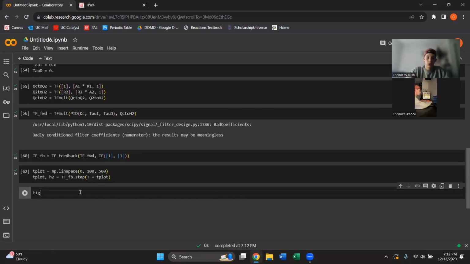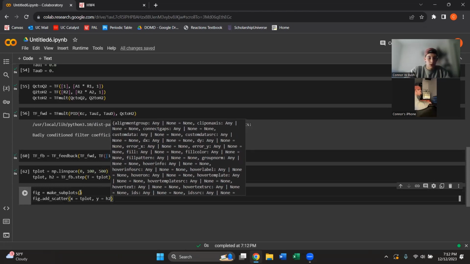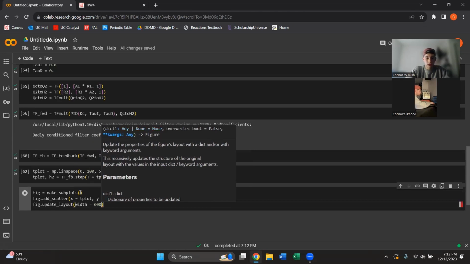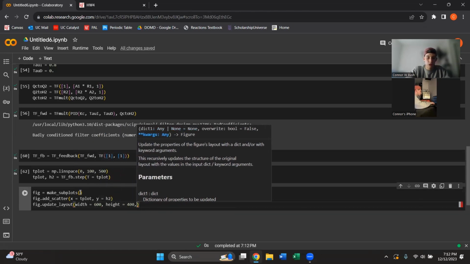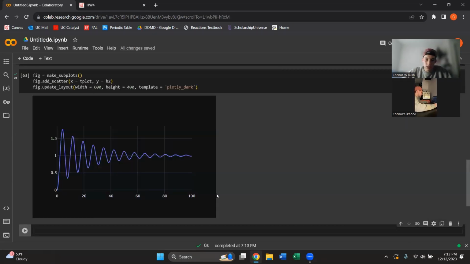So now we can go ahead and plot this using Plotly, where our X will be our time plot, our Y will be that response H2, and then we can update the layout of our plot where our width, let's say 600, height of 400 pixels, and then update our template to be Plotly dark, for the class favorite, easy on the eyes.